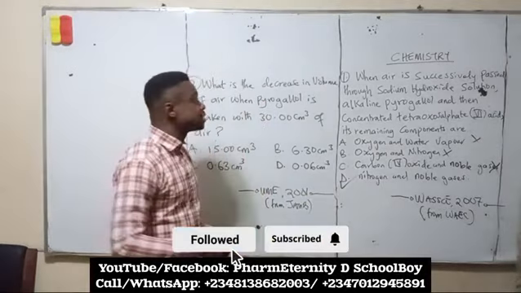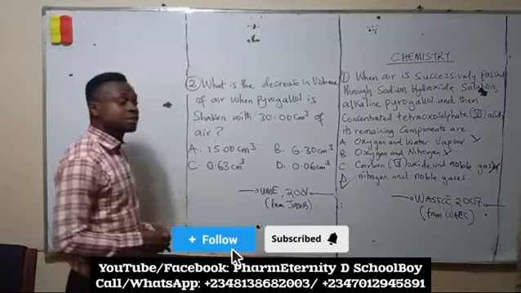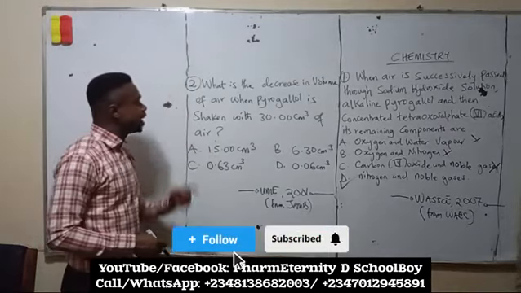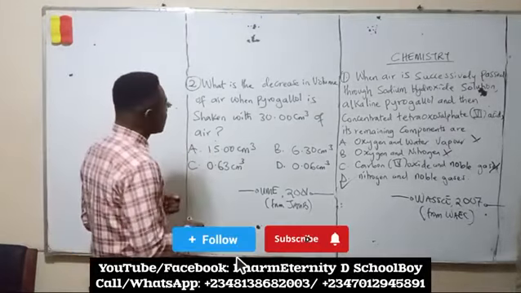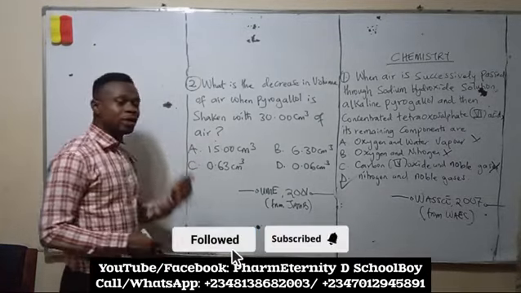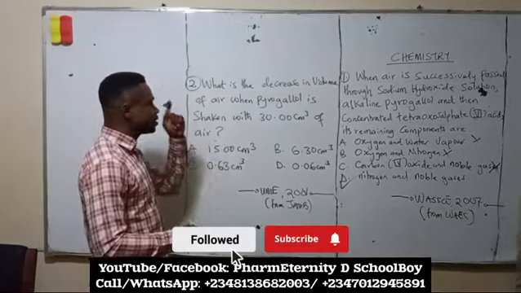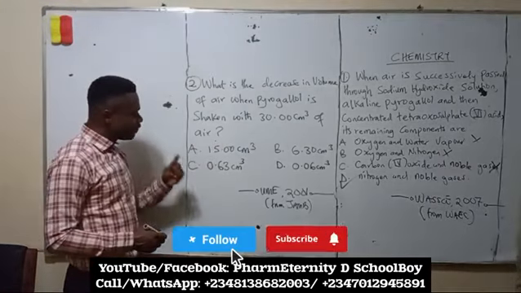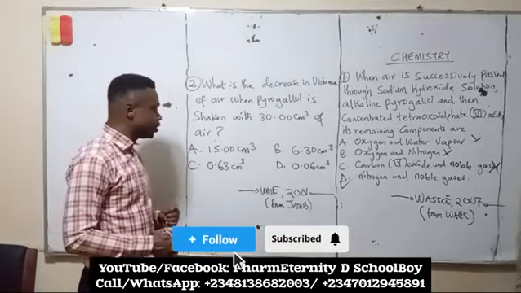Alright, let's go to the second question. The second question says, what is the decrease in volume of air when pyrogallol is shaken with 30.00 cm3 of air? Option A says 15.00 cm3.